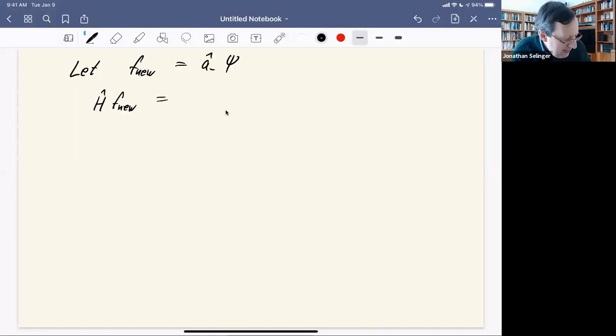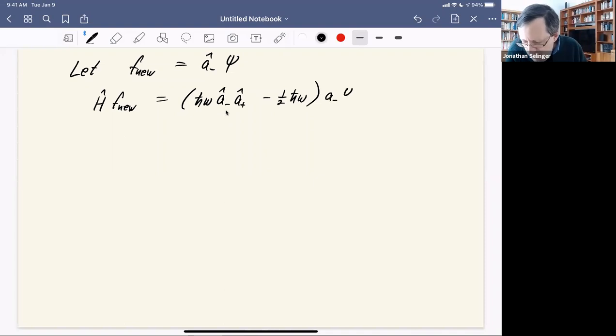I will choose the form of the Hamiltonian, the other one I didn't do before, which is h bar omega A minus A plus minus a half h bar omega. That's one of our expressions for the Hamiltonian. And this is acting on A minus acting on psi.